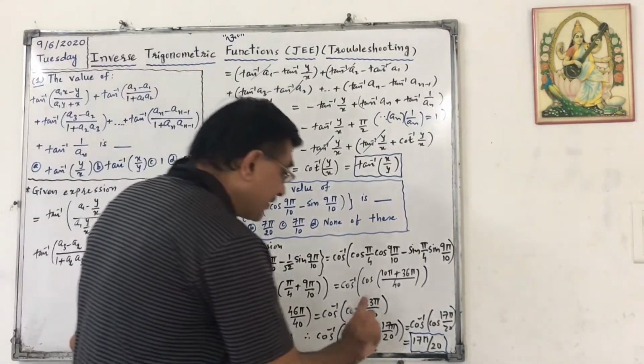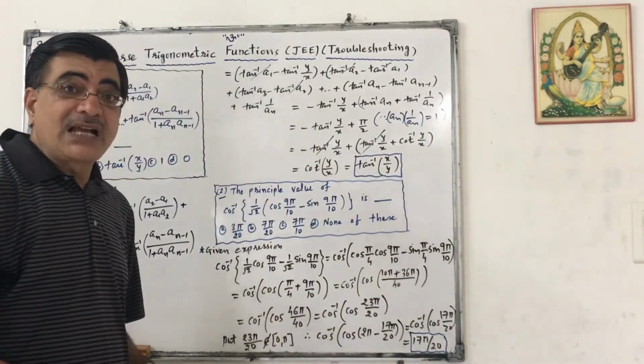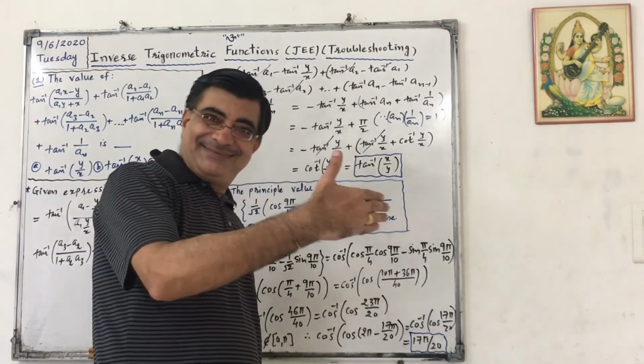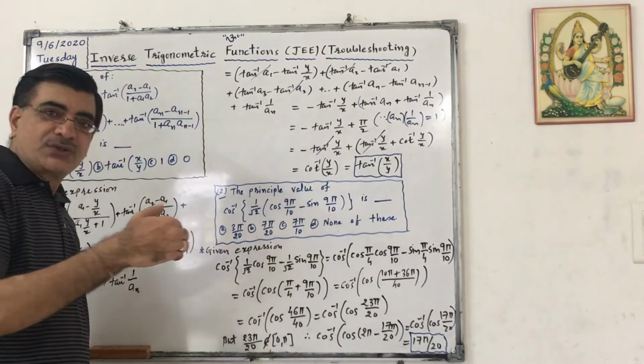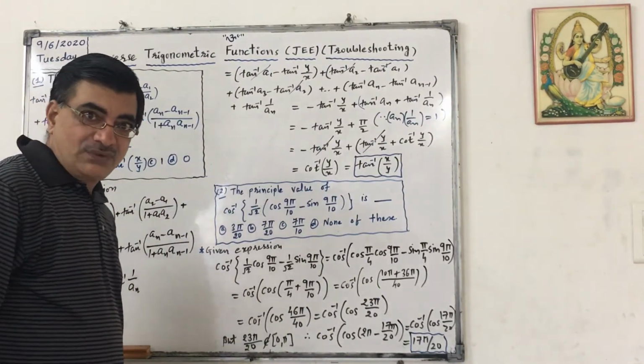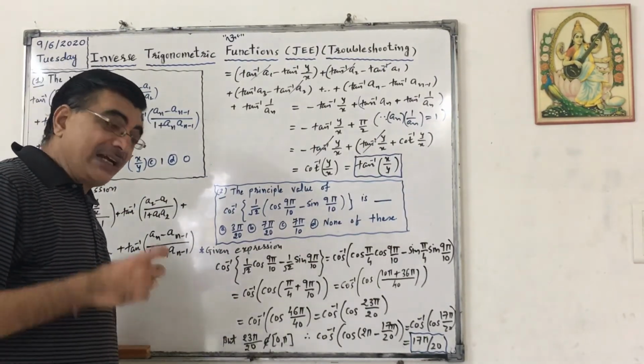But see, this 23 pi upon 20 is out of range of cos inverse. It is out of the 0 to pi closed interval, more than pi. So I have to simplify.